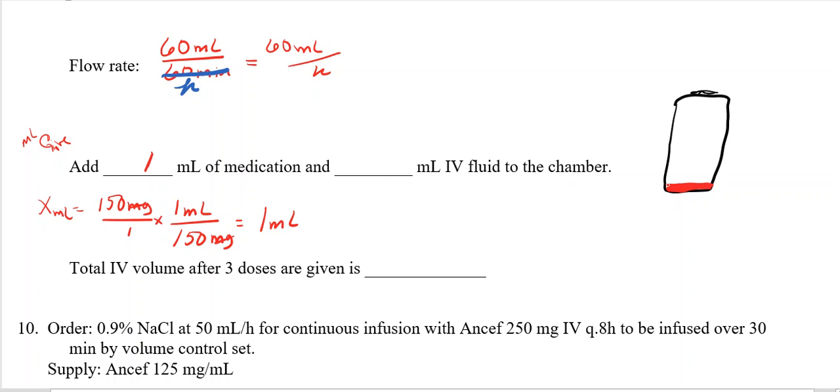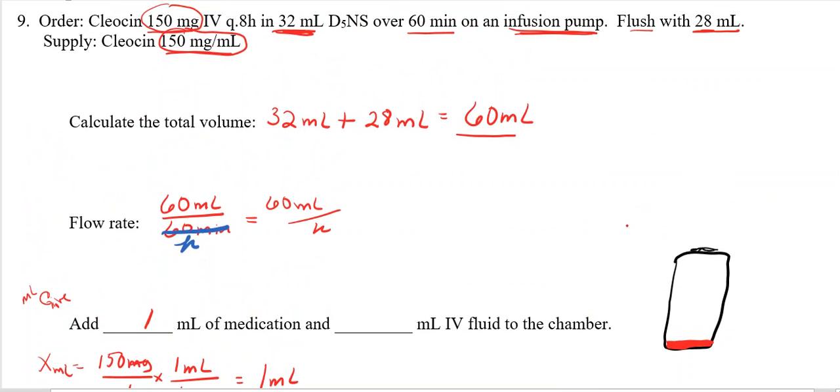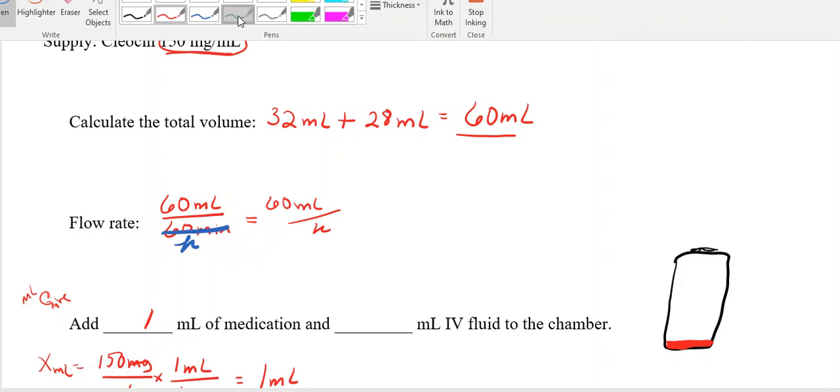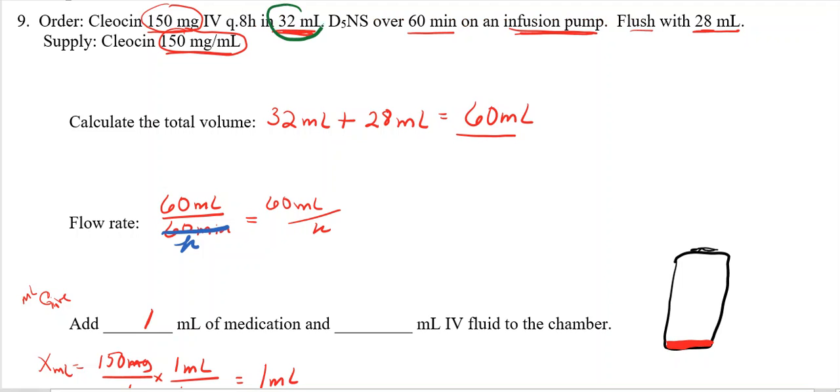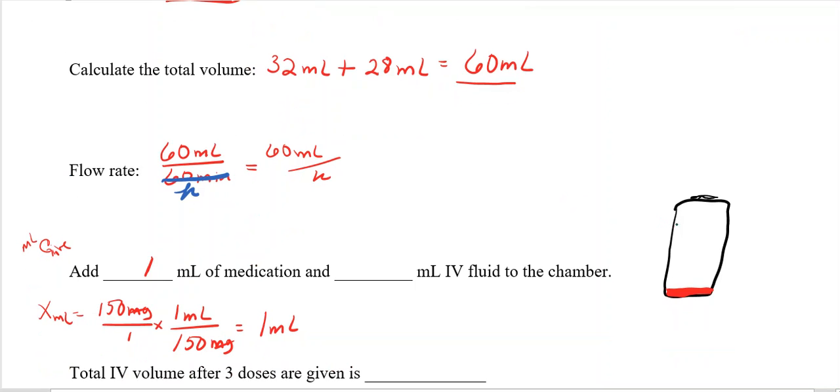The maximum amount of fluid that the medication is in is our 32 milliliters. He's got 150 milligrams of the medication in 32 milliliters, so it's going to be 32 milliliters total, up to here.